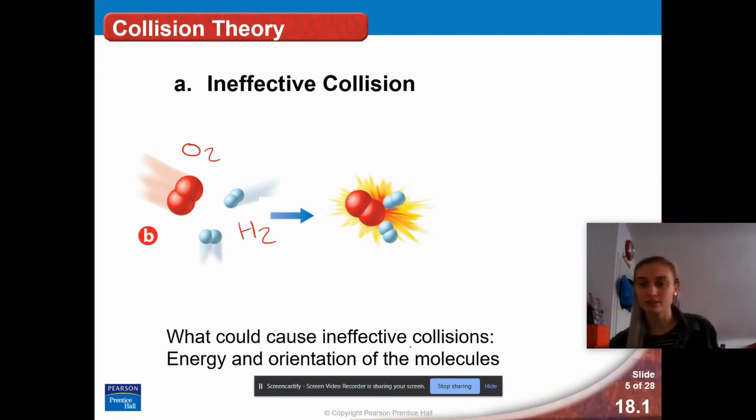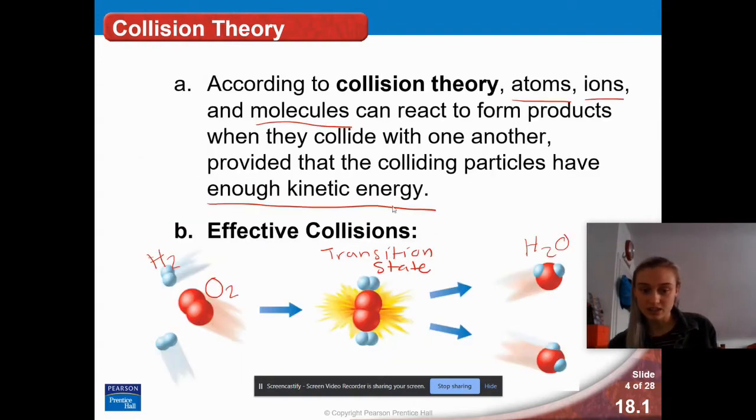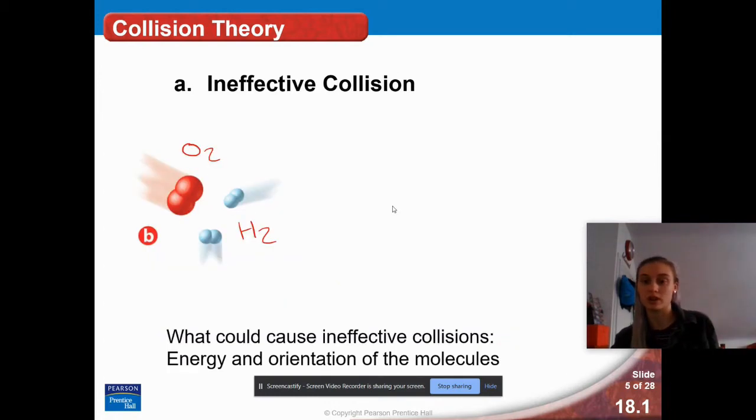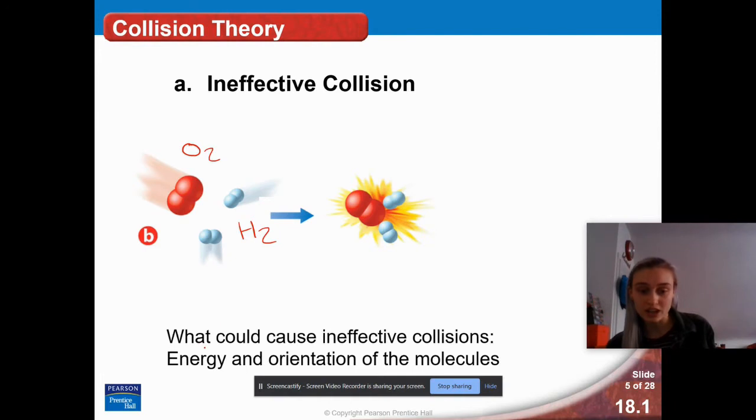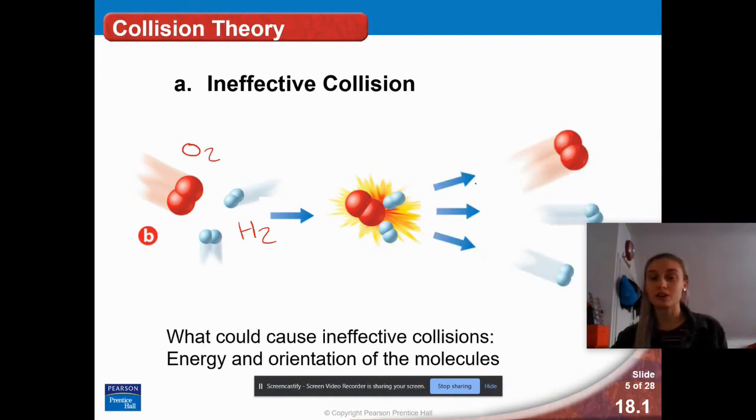Do you see how they're hitting head on here, versus in this one they're hitting sideways? Sometimes that is a factor as well. It's based on how they collide and whether they have enough energy when they do collide. So we're going to say that these O2 and H2 molecules did not have enough energy and the orientation was wrong, and that's why this did not work. Because of that, when they collide, they just bounce back and don't really do anything.